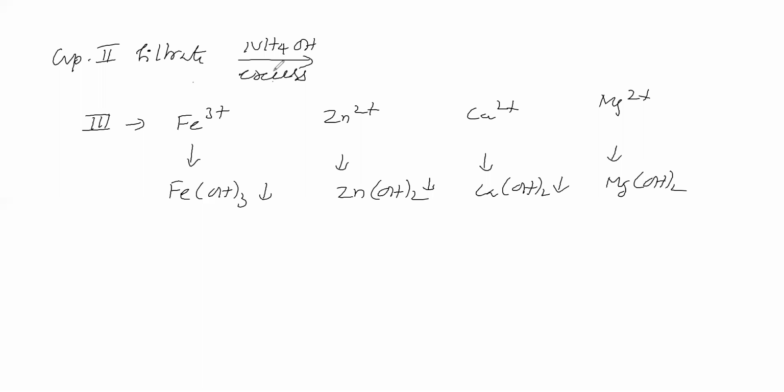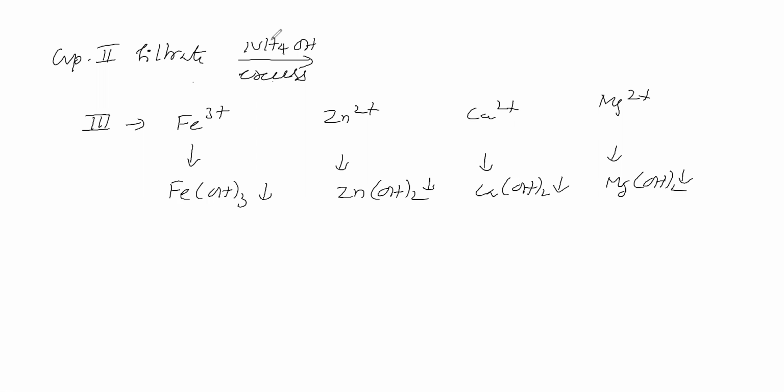That means even with a weak base, group 3, group 4, group 5, group 6, all the group cations precipitate as hydroxides. We are also adding concentrated nitric acid; regarding that we also have to discuss. Now, if we add ammonium hydroxide only, all the group cations precipitate, though it is a weak base.